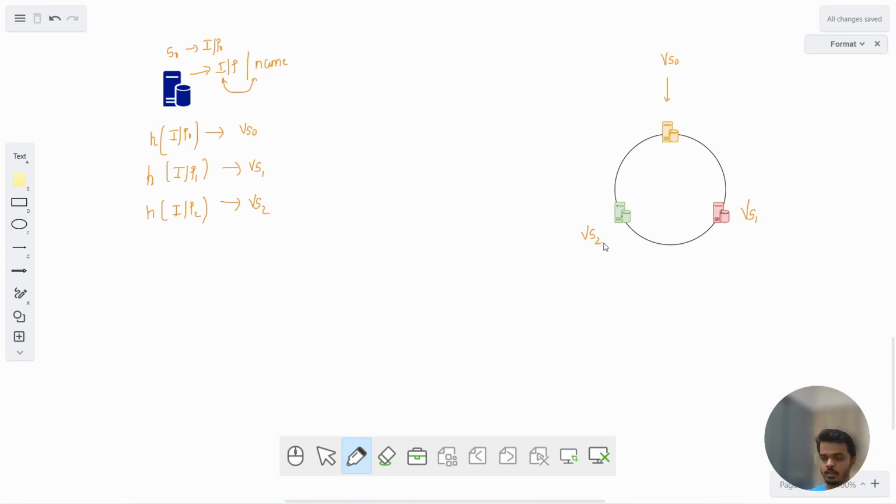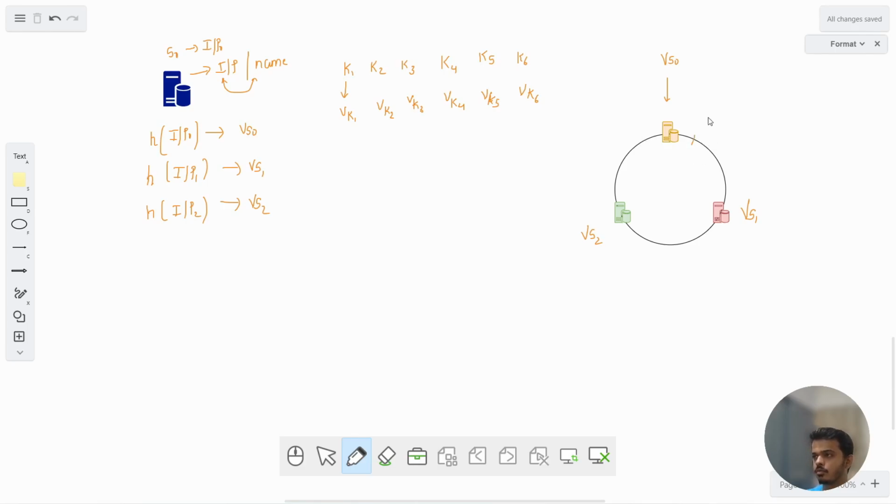Now how do the keys get mapped to servers? Let's say you have 6 keys and the output of the hash function for these keys is, let's say, vk1, vk2, vk3. Now let's assume these key positions are like this.